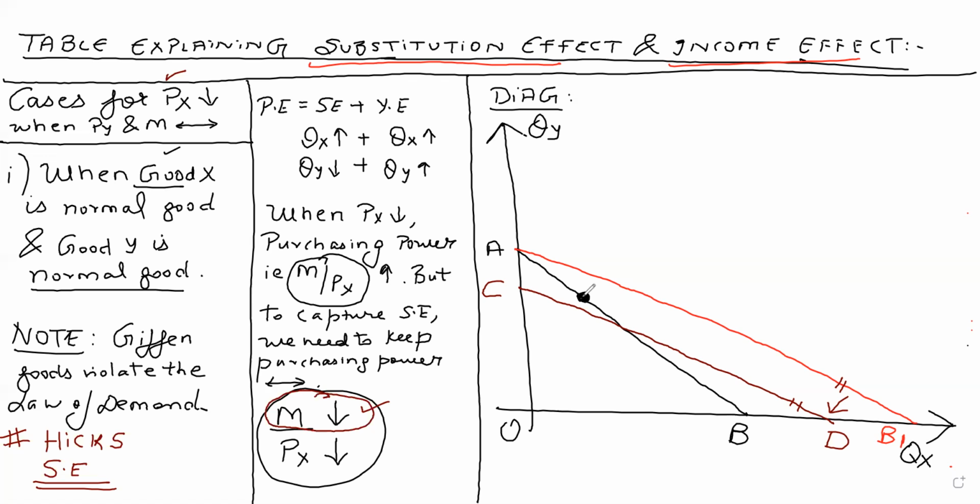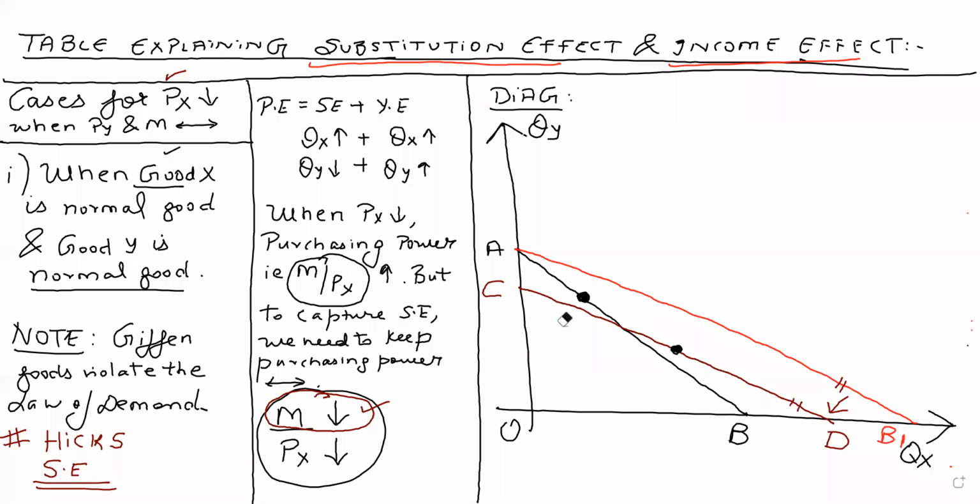We know that the consumer's purchasing power had gone up. We are compensating by taking away income from him so that he is on the same indifference curve. So CD is my compensated budget line. And on CD, where will the consumer consume? Obviously, the consumer will not consume on this segment because the consumer will be worse off. The consumer will consume somewhere here.